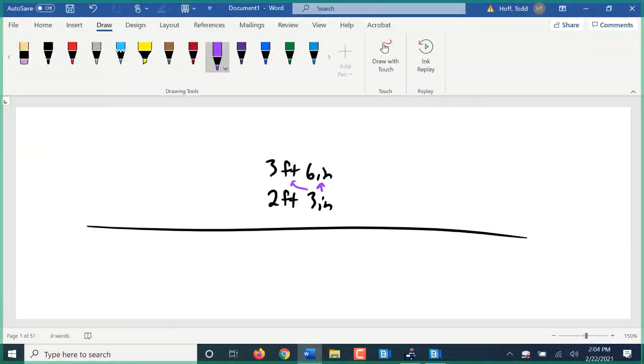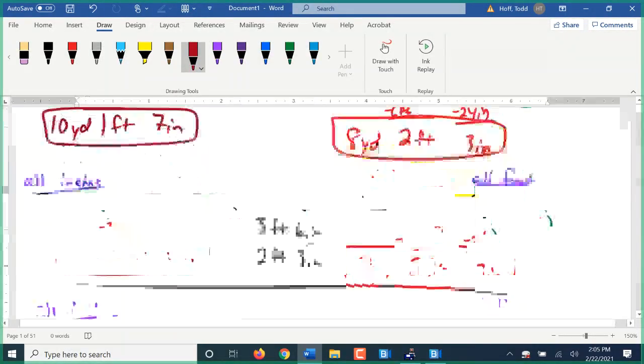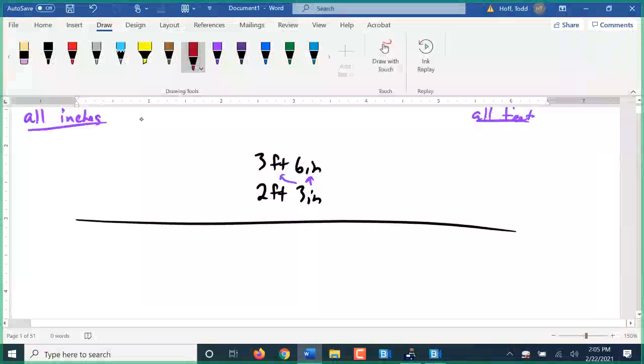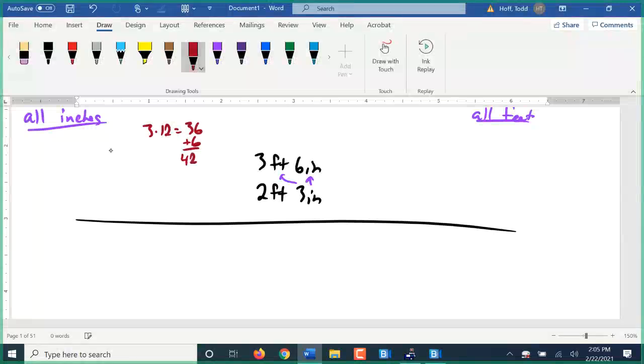So what we looked at was either turning it into all inches or all feet. Turning it into all inches, we do, get back down here. 3 times 12 is 36 inches, plus the 6 that was there is 42 inches.